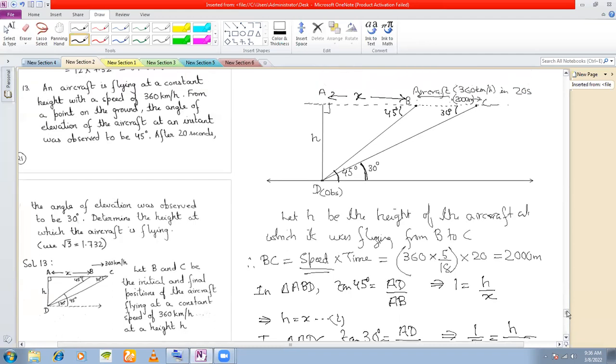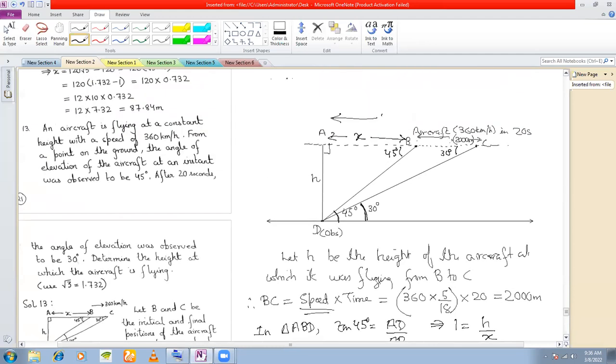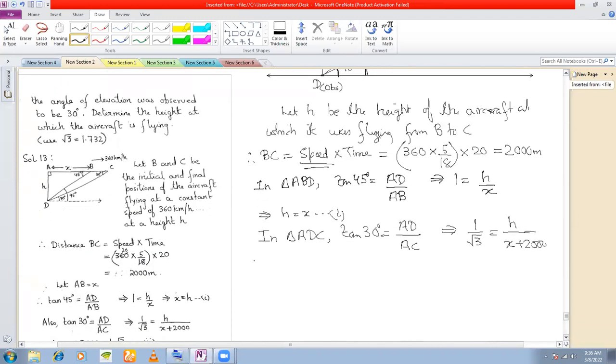This entire length is X plus 2000, right? So now we have two equations. Let's simplify this to get our second equation. You get X plus 2000 is equal to H root 3. So you get H root 3 minus X is equal to 2000. Call this equation number 2.